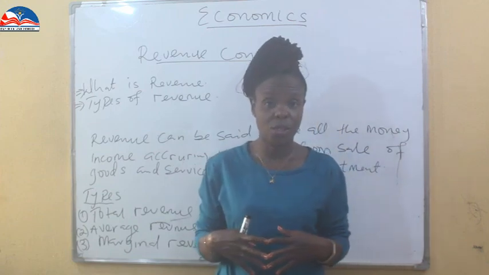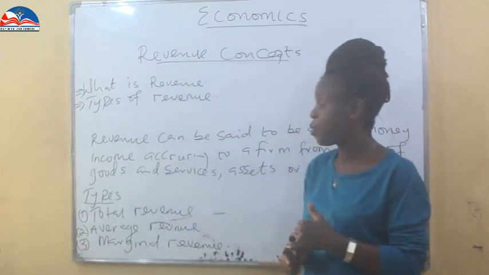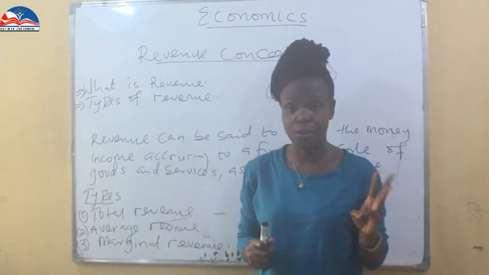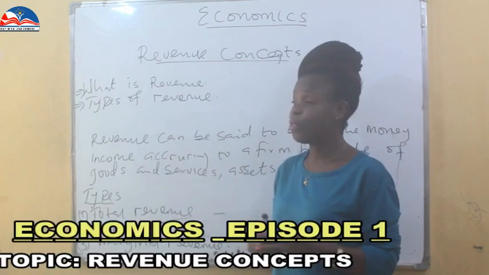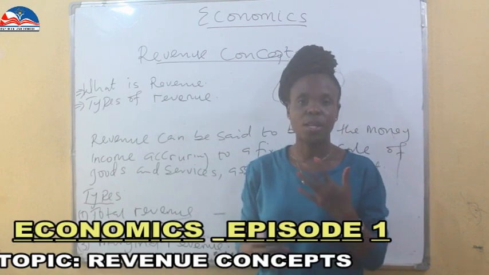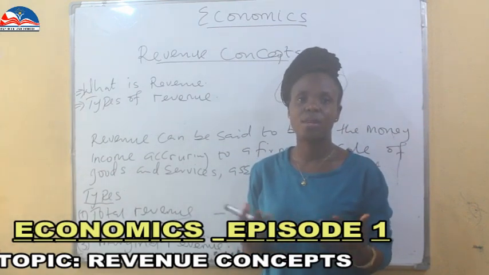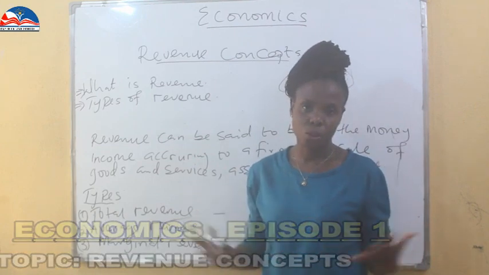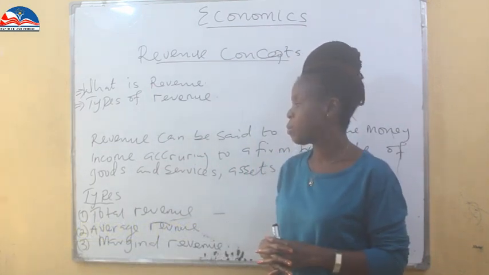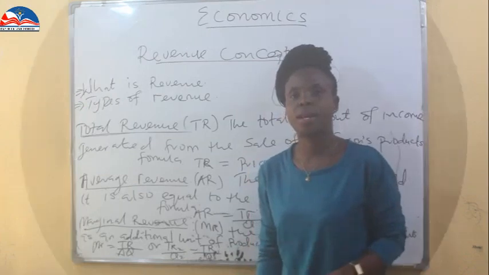Then the third is marginal revenue. We have three types of revenue: total revenue, average revenue and marginal revenue. How do we explain each of these types, and how do they apply to your business? Let's look at the explanation of each of these types.